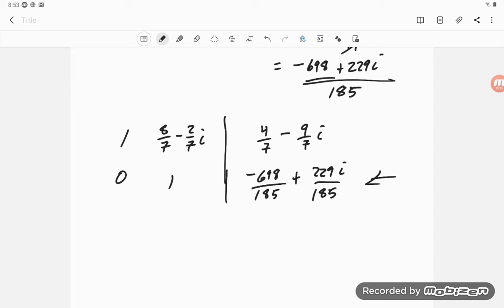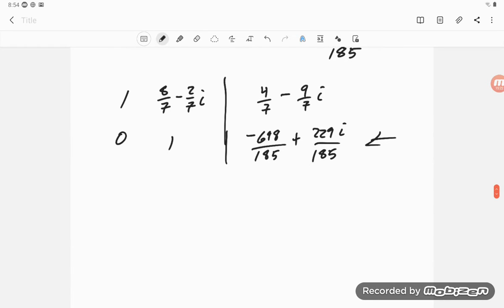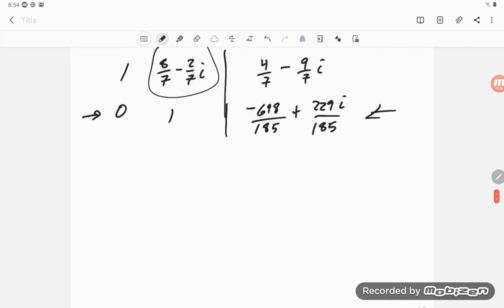Now Z, if I want to get Z, well, I need to multiply the bottom row here by the negative of this thing and add that to the top row.